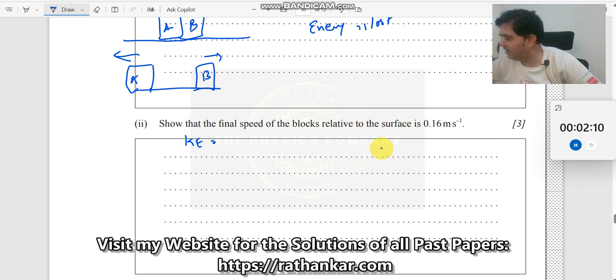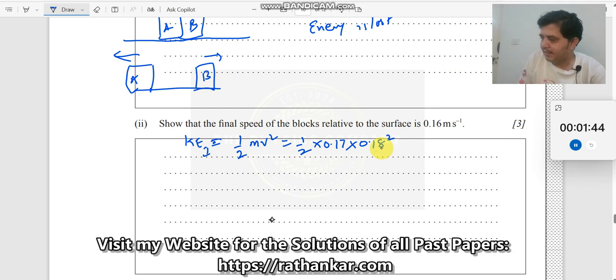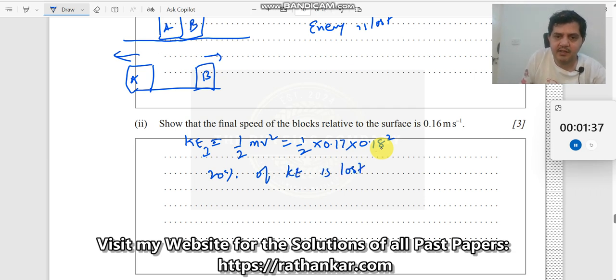The input energy, that is the incoming energy of both the objects, was half mv square, which was equal to half into 0.17 multiplied by 0.18 square. This was the incoming kinetic energy of the blocks, which you can calculate, and 20% of this kinetic energy is lost, right?